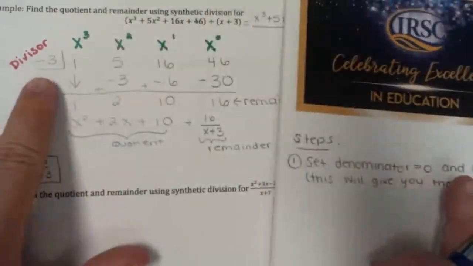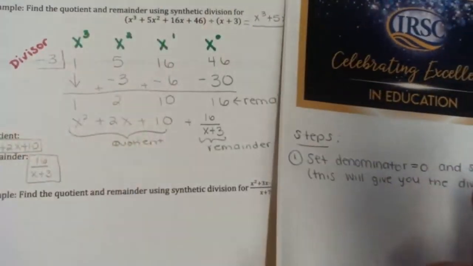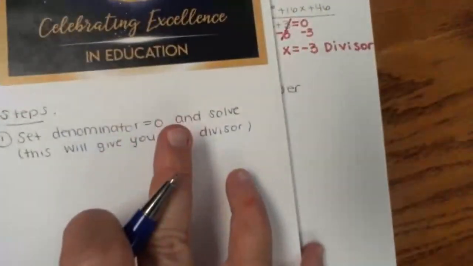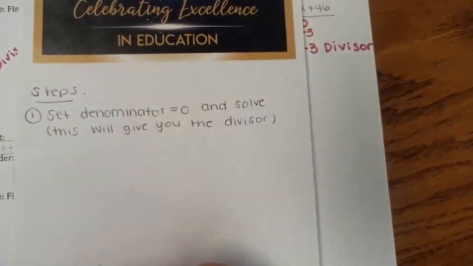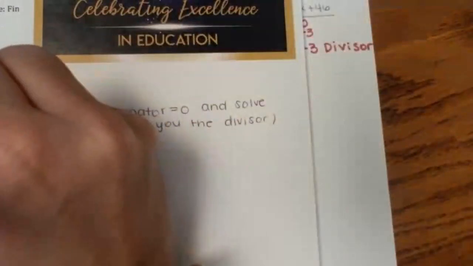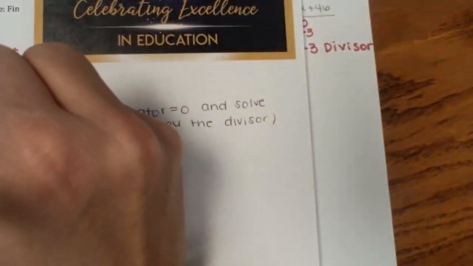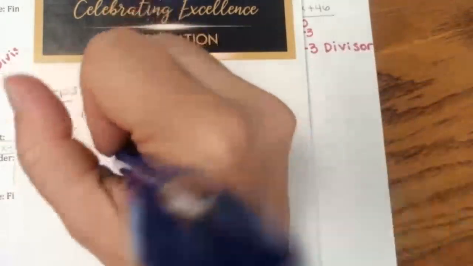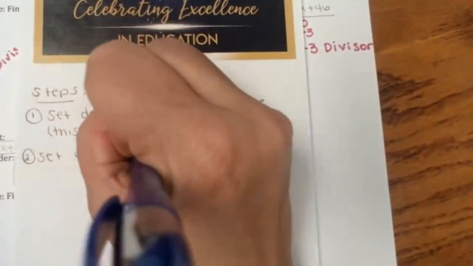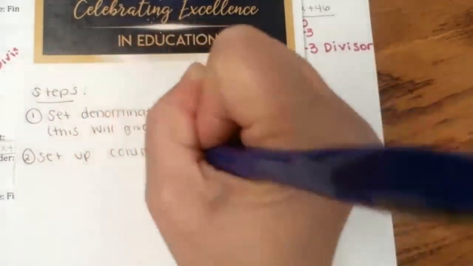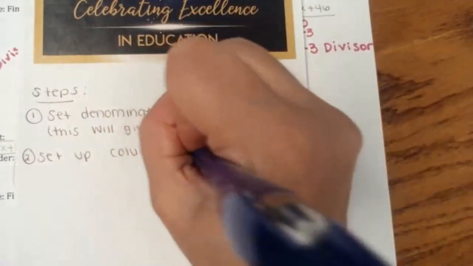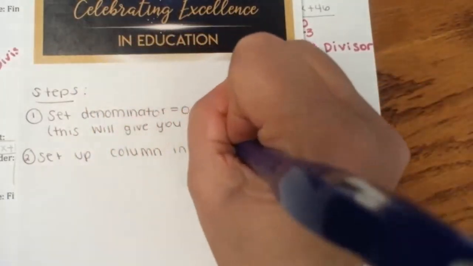The next thing that we did once we had our divisor was we set up our columns in descending order from greatest to least. So our second step was set up your columns in descending order.